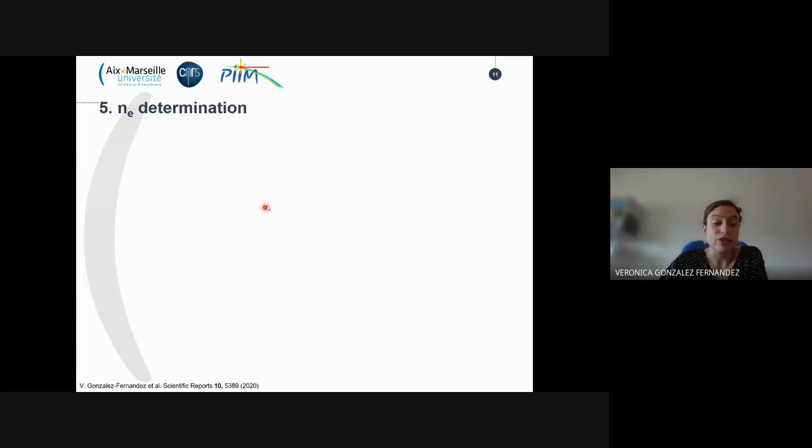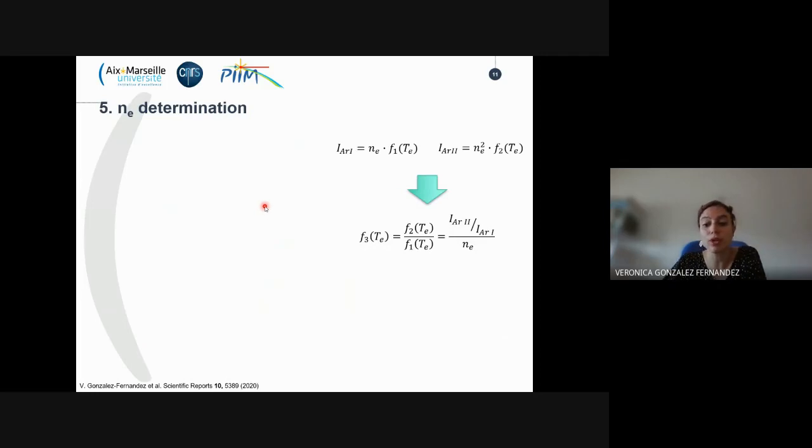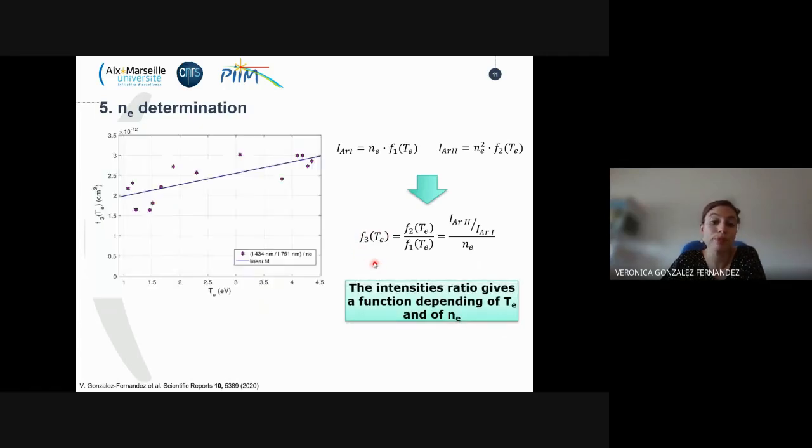To determine the electronic density, we have followed the same strategy. Starting from the corona model expression, we try to arrive at an expression that brings together the intensity ratios and the electronic density, but in this case, we were not able to find an expression independent of the electronic temperature. But it was possible to arrive at this fit that brings together all the parameters needed.